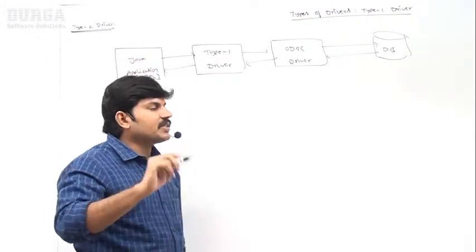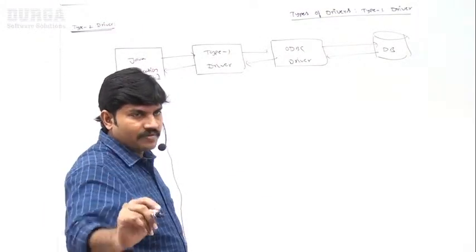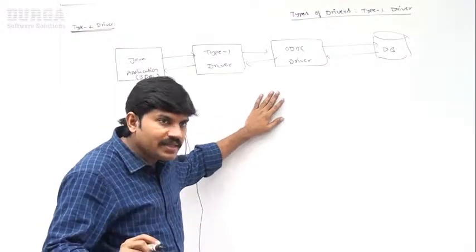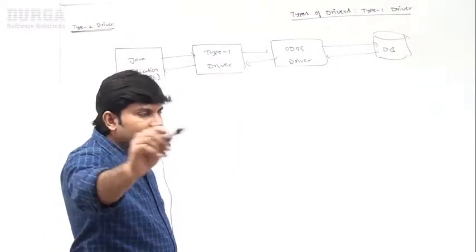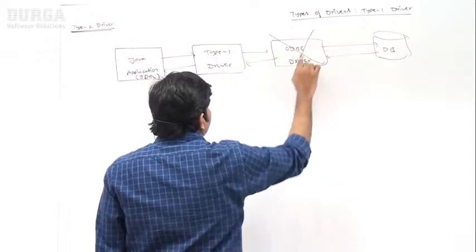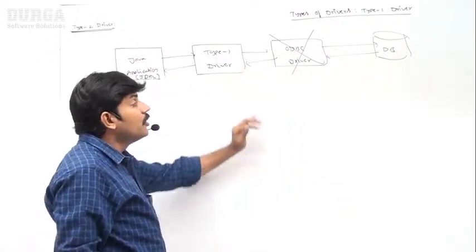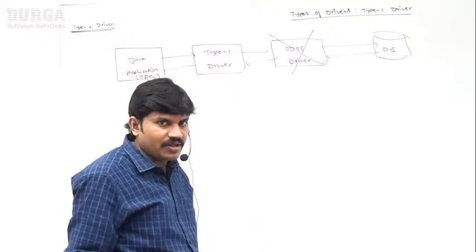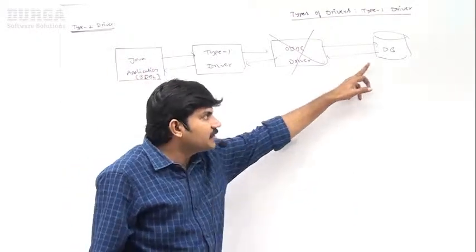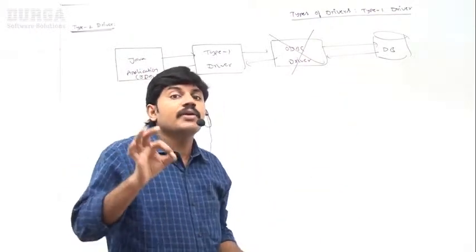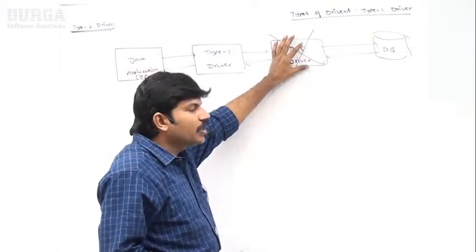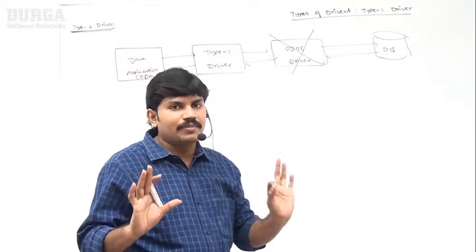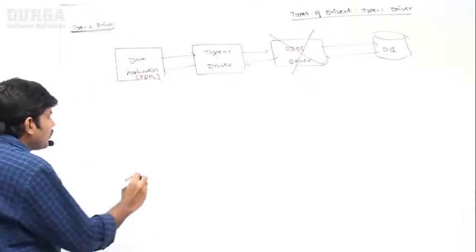But now my next concept is the type 2 driver. Type 2 driver is exactly the same as type 1 driver, except the ODBC part is replaced with the vendor provided native libraries. Are you getting that? What is that? Database vendor provided native libraries. That part, the ODBC, is replaced with the native libraries, right? Sir, let me redraw this diagram once again.